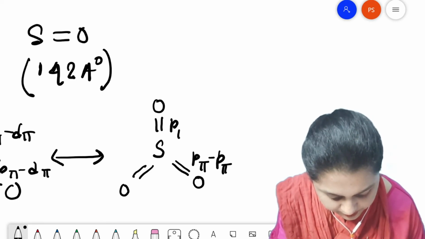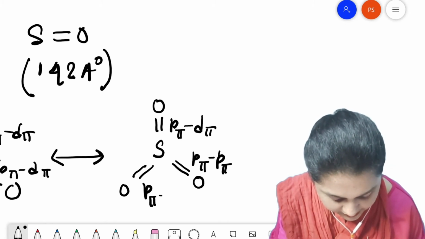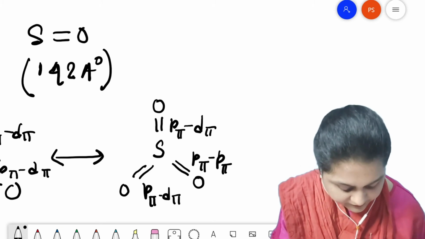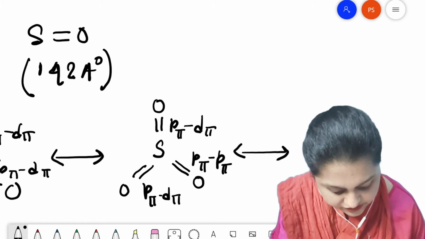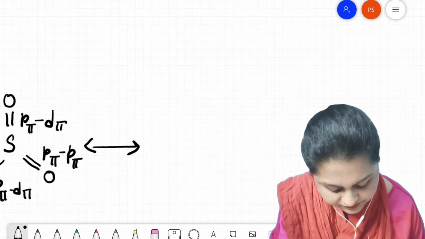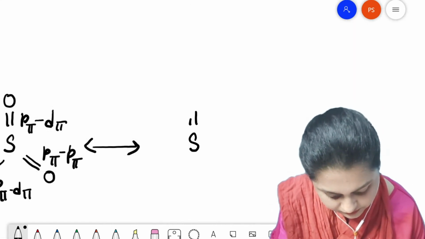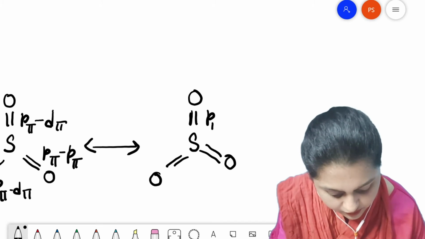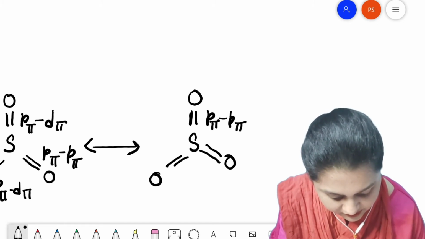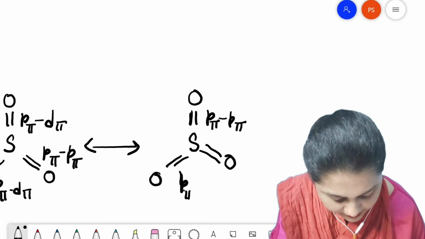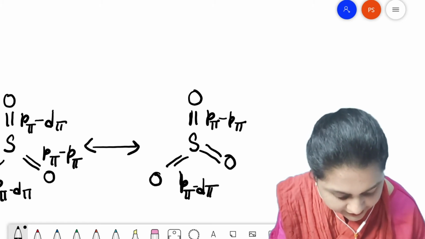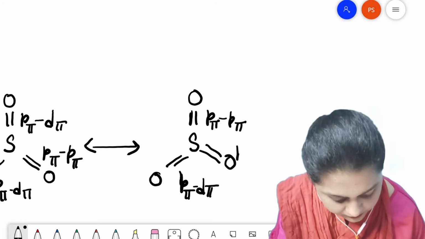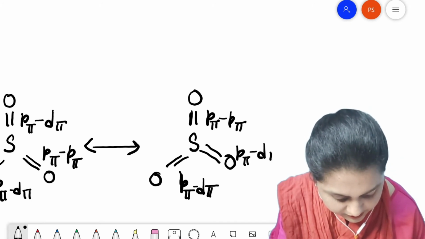This one formed due to p pi d pi, and this one formed due to p pi d pi. In the next resonating structure, this one is formed due to p pi overlapping. This one has been formed due to p pi d pi overlapping, and this one is formed due to p pi d pi overlapping.